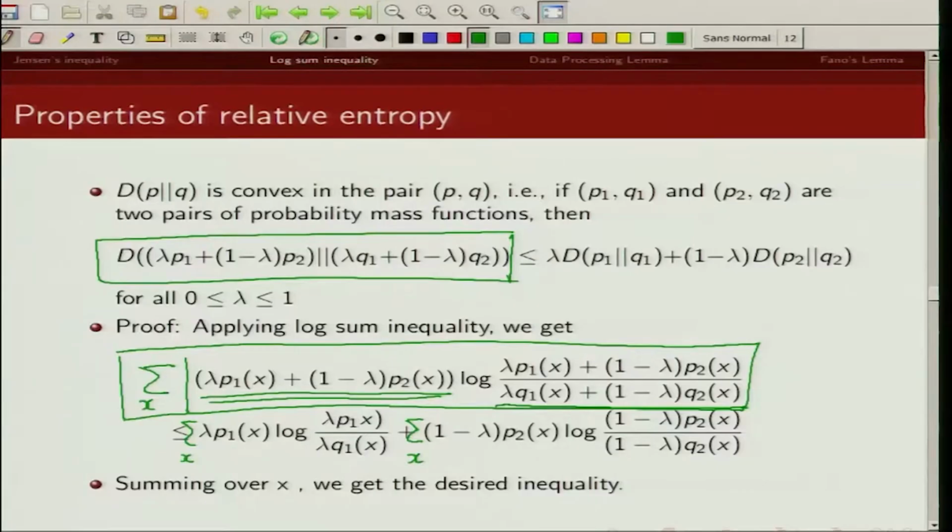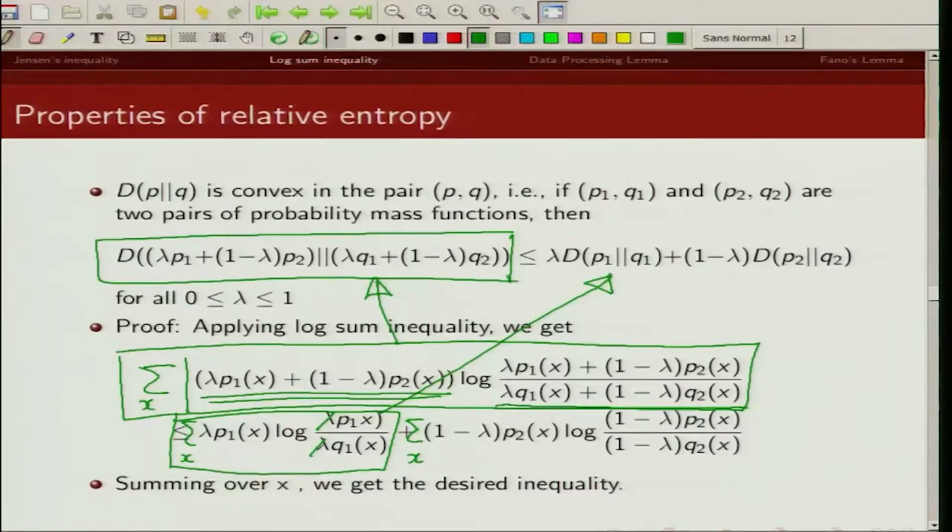So the term on the left hand side is nothing but this term. What about this? This is lambda p1(x) log of, the lambda cancels out, so this is lambda times the sum over x of p1(x) log p1(x) by q1(x). This quantity is nothing but lambda times the divergence between p1 and q1.